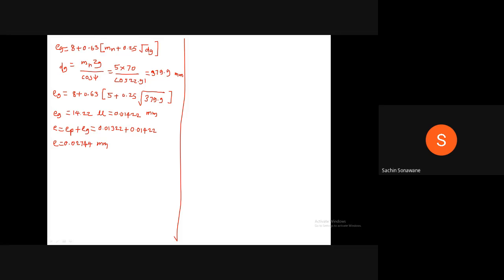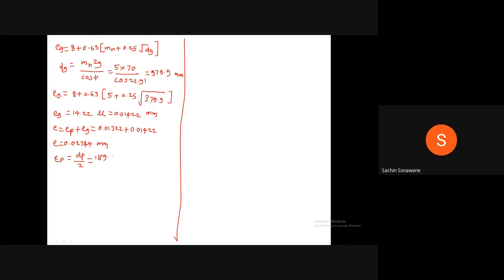Now we have to calculate RP and RG, the pitch circle radius of the pinion and the pitch circle radius of the gear. Therefore calculate RP. RP is equal to dP divided by 2, which is 189.98 divided by 2. Similarly, calculate the radius of the gear: dG divided by 2, 379.9 divided by 2.